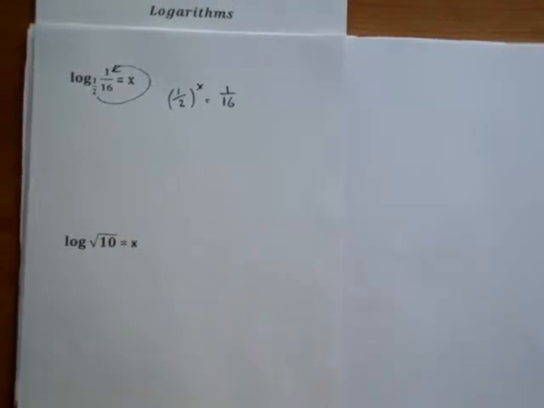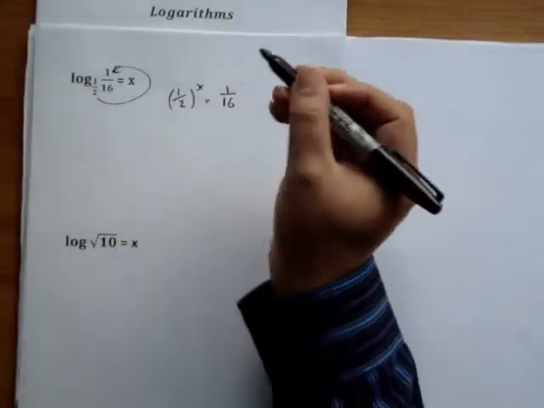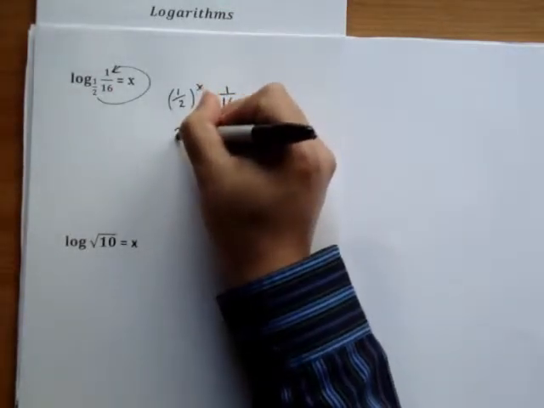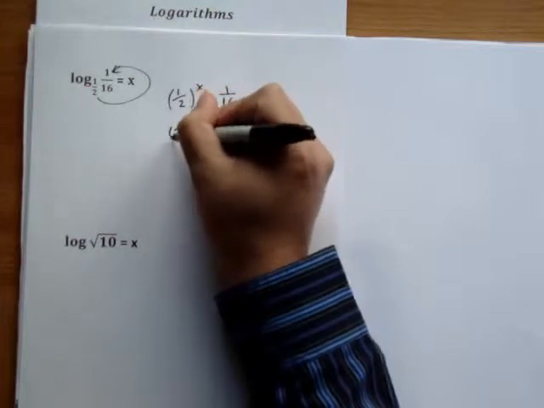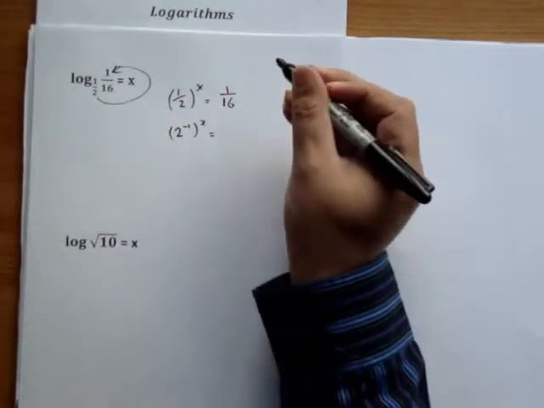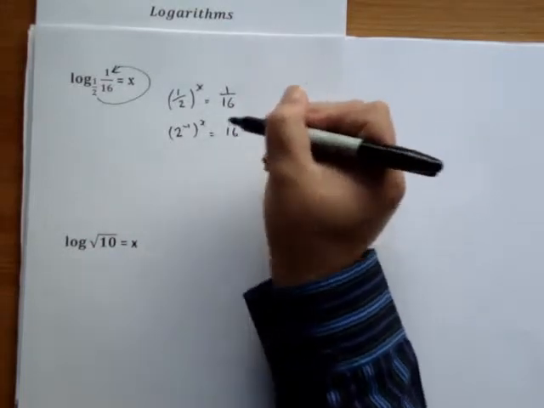Now we can use our exponential laws, or laws of indices. So a half is nothing but 2 to the minus 1, to the x. For 1/16, the reciprocal is 16 to the minus 1.